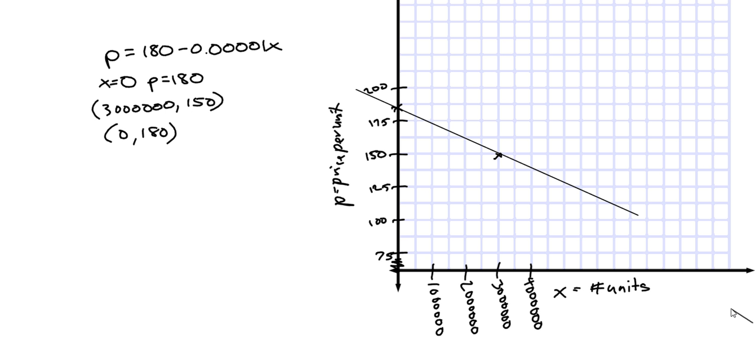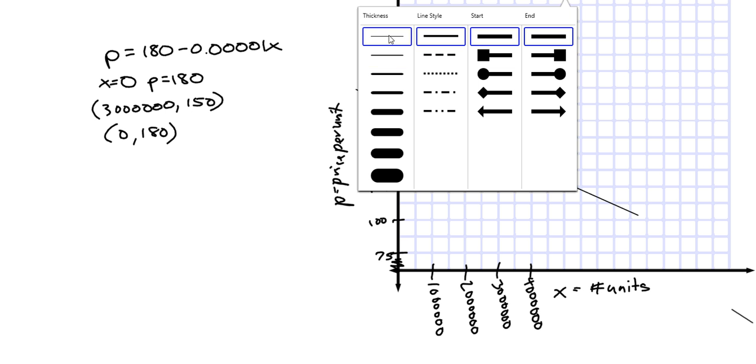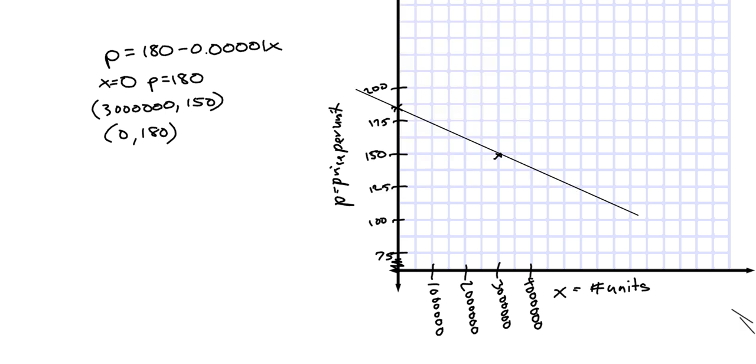Another line I need is that equilibrium one, and so let me just draw that in right away, and that's when P equals 150, and then I'm going to get my last line in here.